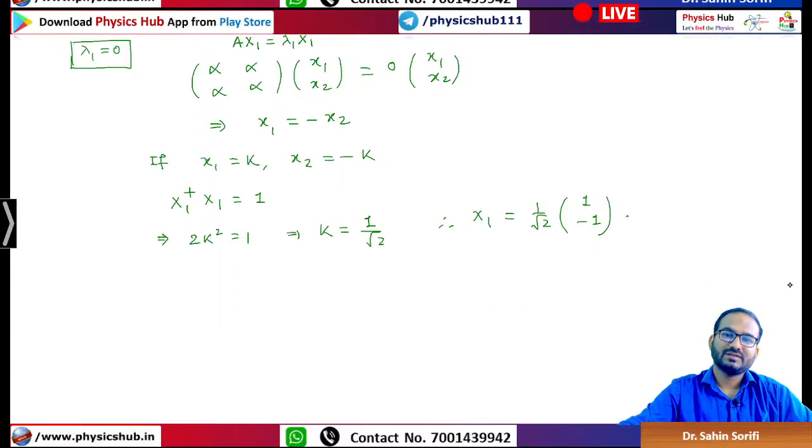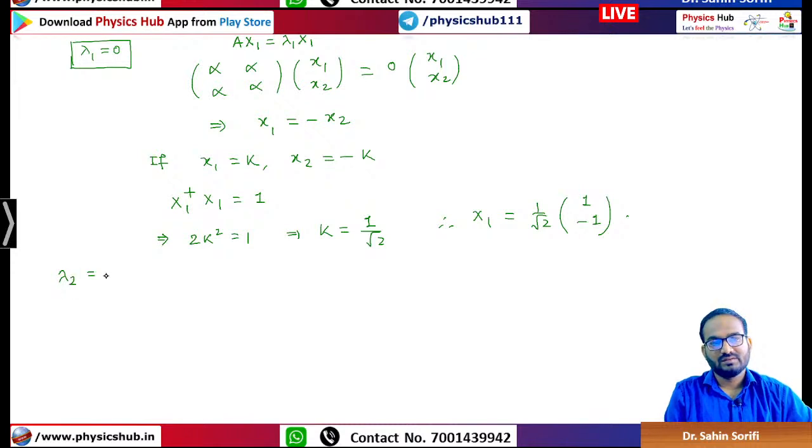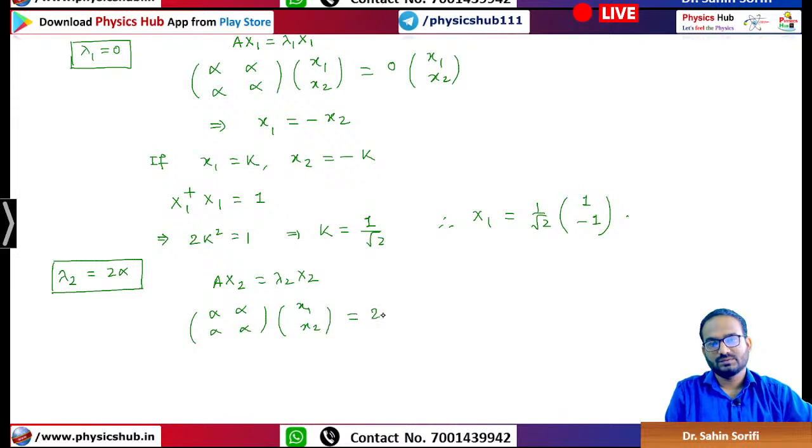Okay, so I have just illustrated how you can calculate the eigenvector. Now let's go for 2 alpha. You can use this logic again: A x2 equals lambda 2 x2. A is alpha, x2 is (x1, x2), lambda 2 is 2 alpha times (x1, x2).